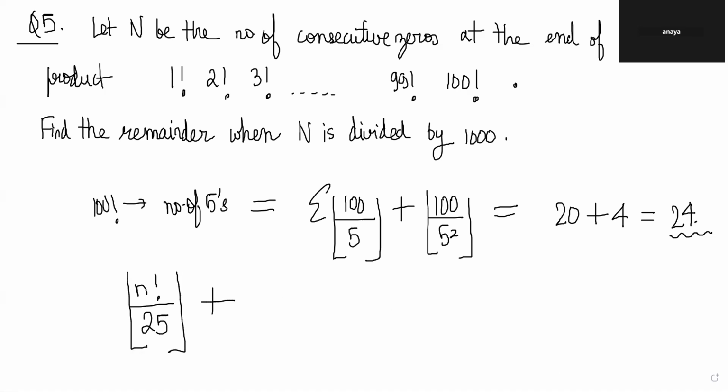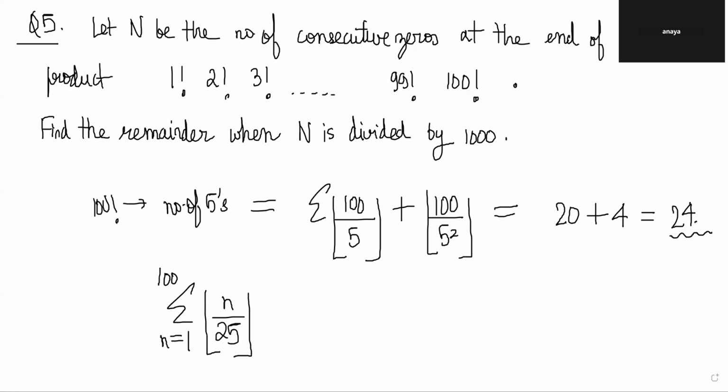Basically, if you want to find how many 25s there are in n factorial, you can do the summation of n going from 1 to 100 of n divided by 25.